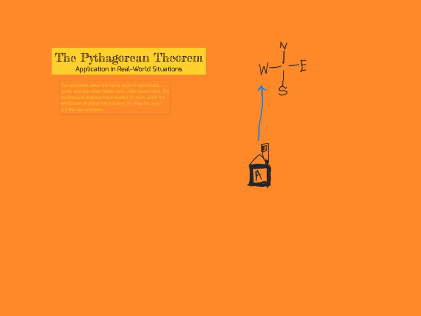So here's our plane right now. We know that it went 12 miles, which is not very far, actually, at all. And then we have another plane. It went east in this direction. That's 16 miles.